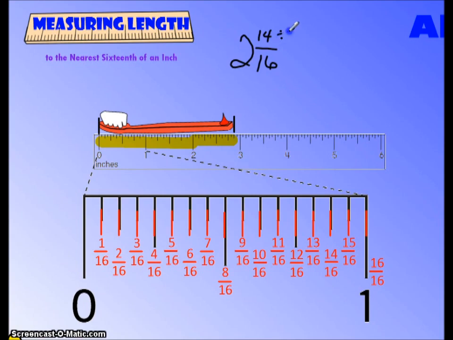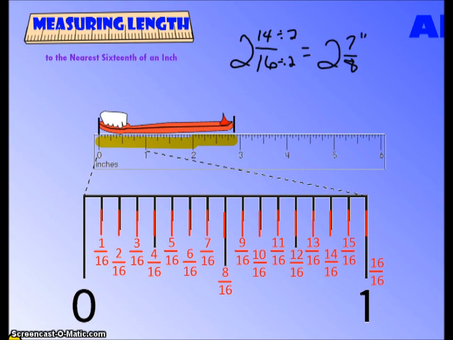So I have a common factor of 2 between 14 and 16. So I need to divide both the numerator and the denominator by 2. And so I know my final answer is going to be 2 whole inches and 7/8 of an inch.